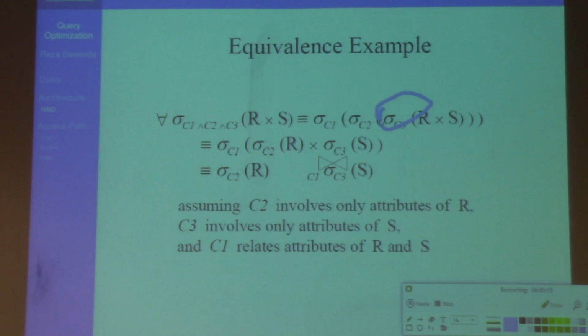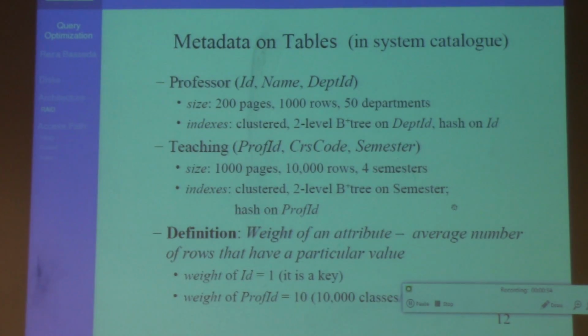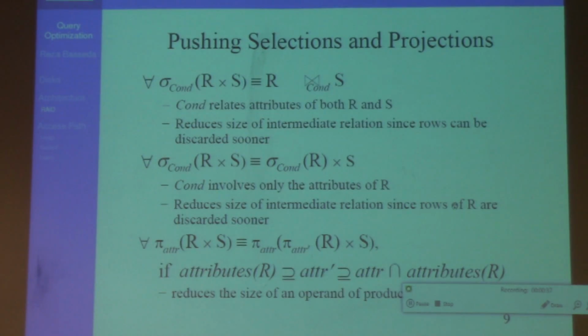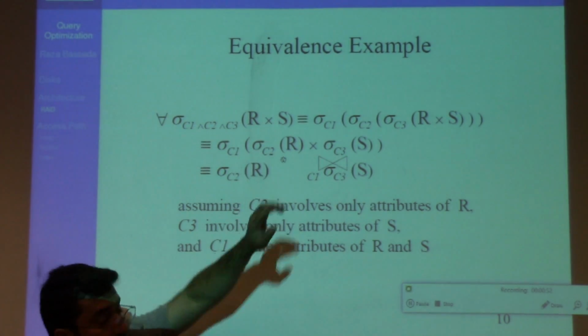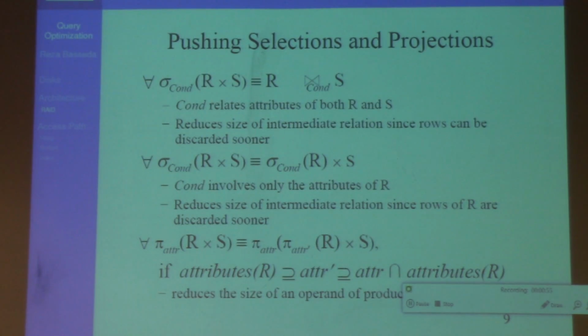So what else? You need to help me? I don't know. So if I go back, there is a rule over here which says that we can use this C2 inside of the Cartesian product, right?